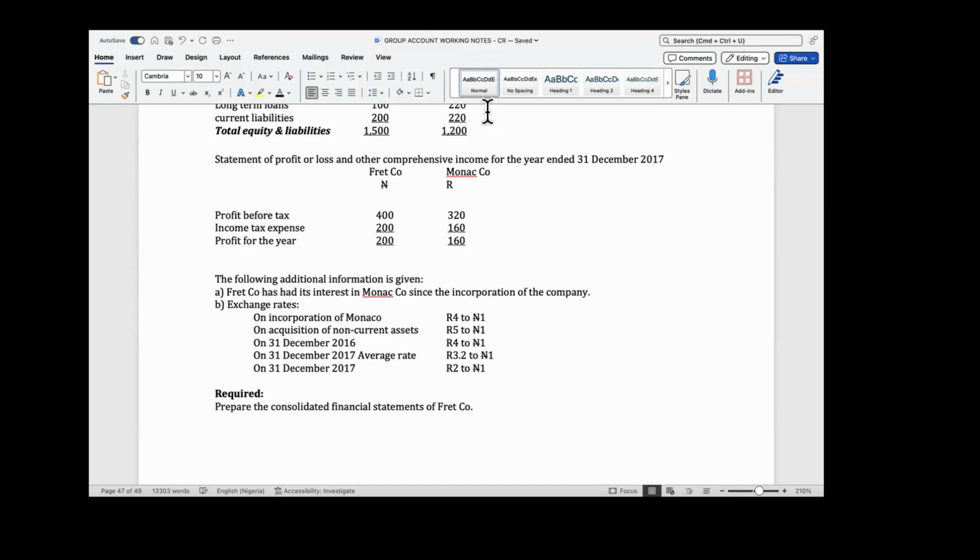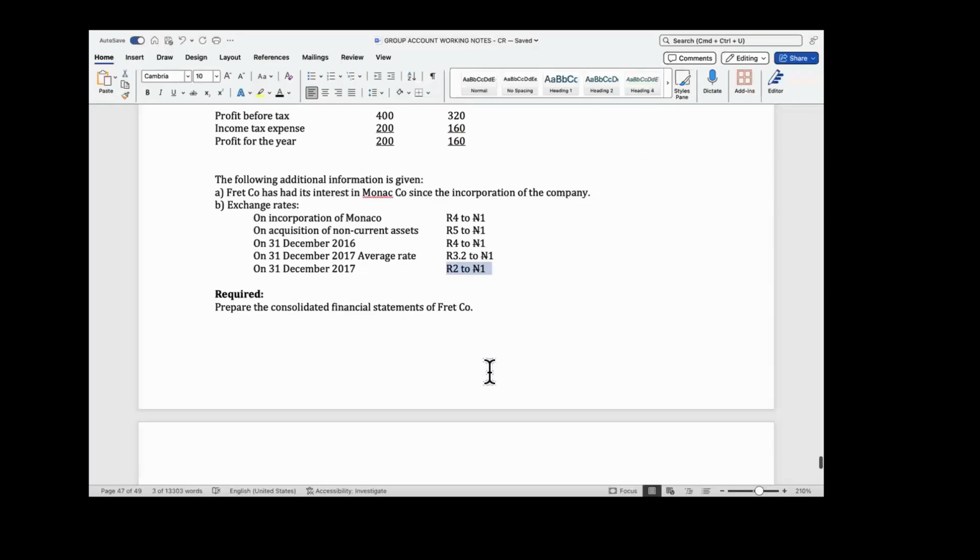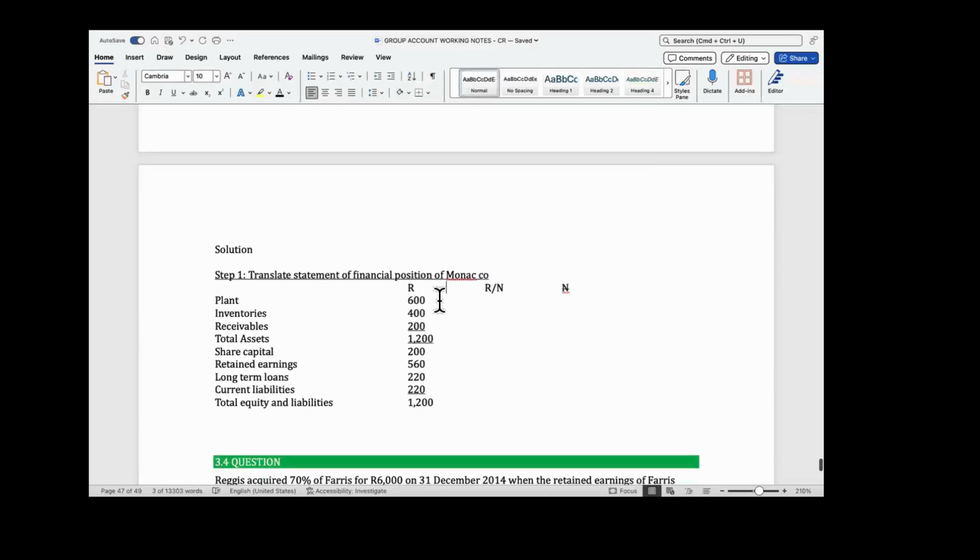It is the closing rate. Thank you very much. So all assets and liabilities are translated at the closing rates. So this is 2. This is 2. This is 2. The liability is 2. This is also 2.